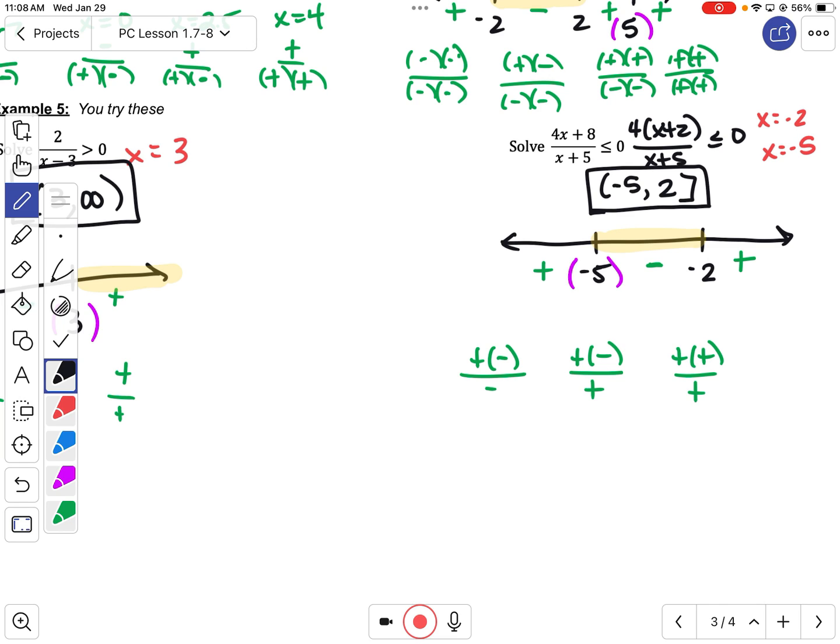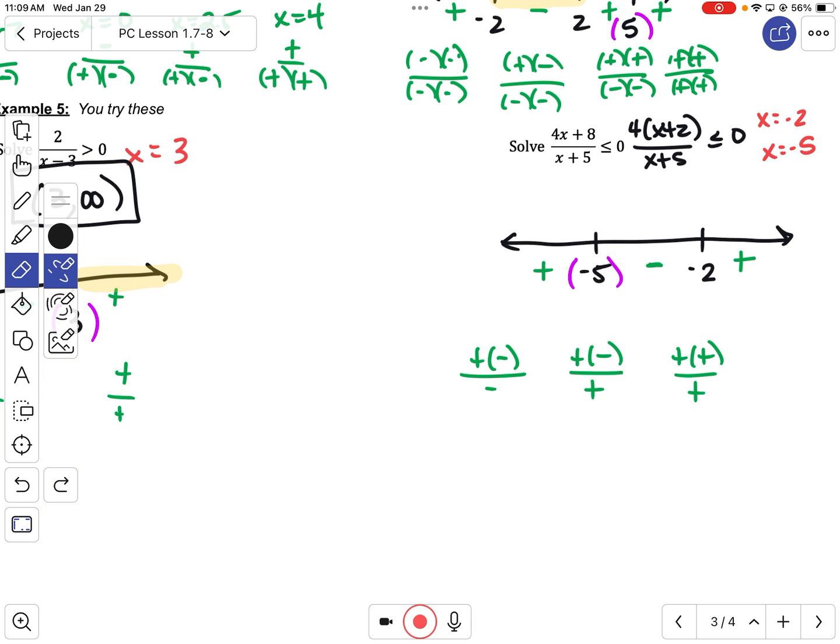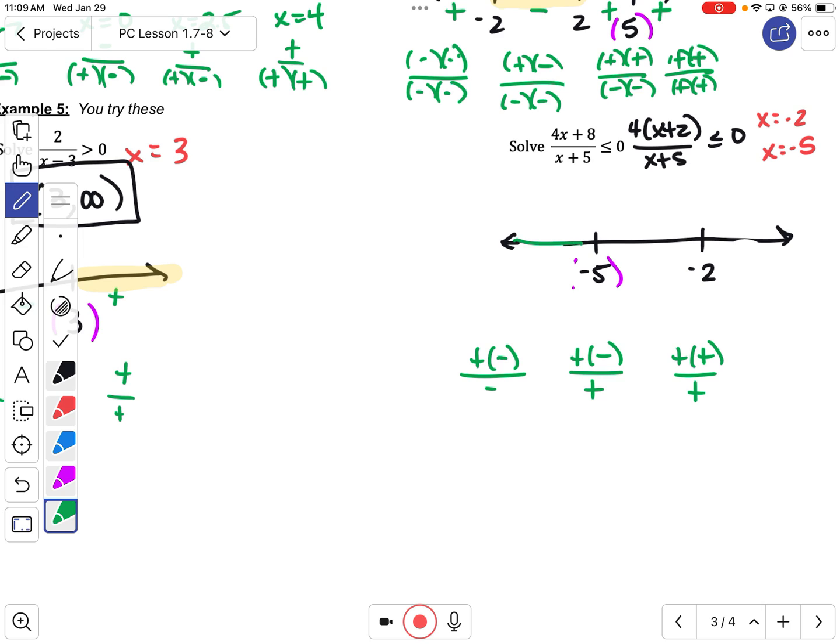Oh, wait a minute. Helps if I do my arithmetic. -6.